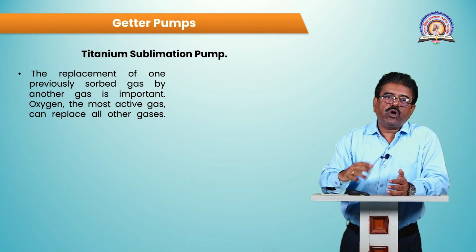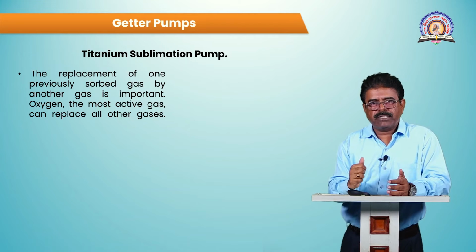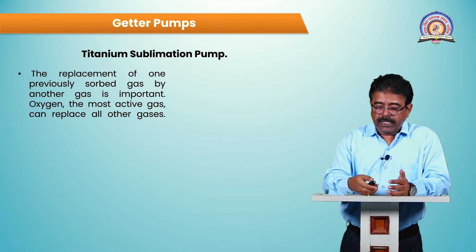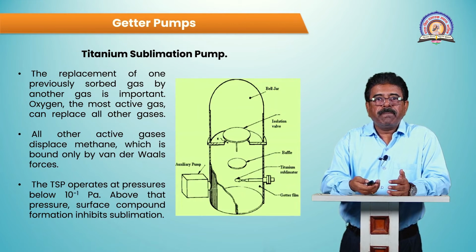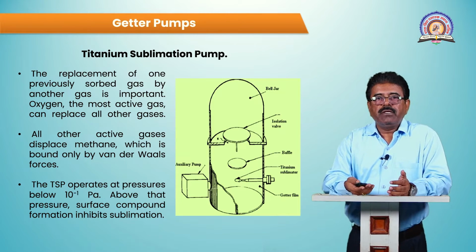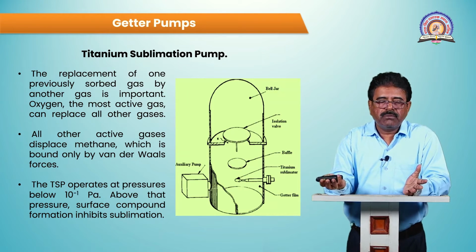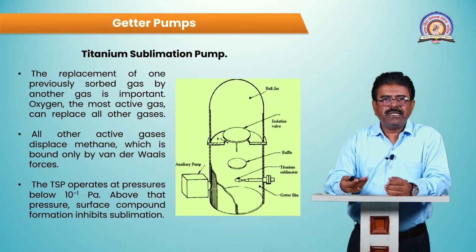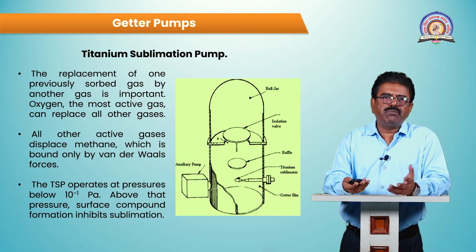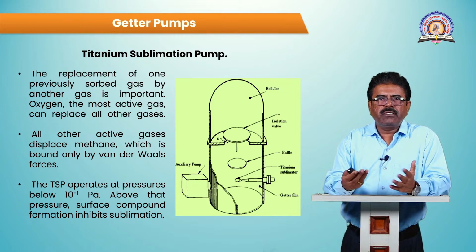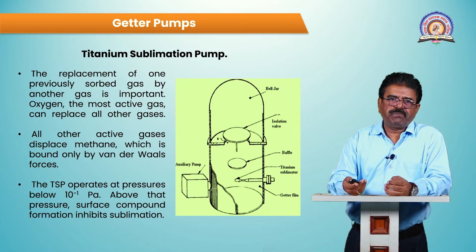For example, oxygen is the most reactive gas and it can replace any other gases. Whereas if you consider the other gases, for example, methane is much more inactive. So all other gases can replace methane gas molecules. Methane is inactive and it is bound by very weak van der Waals forces.